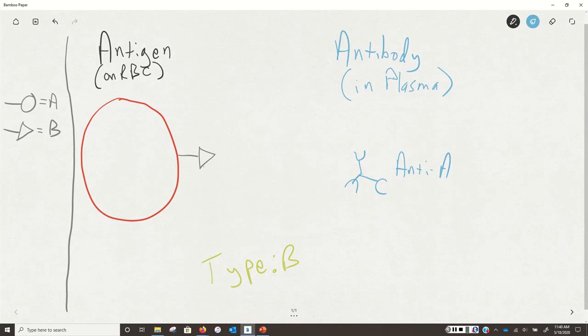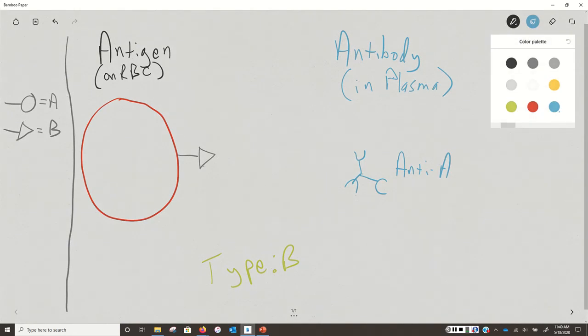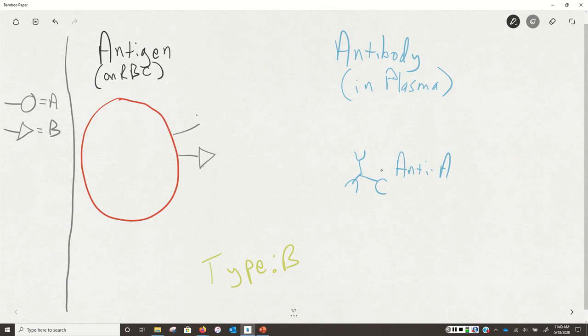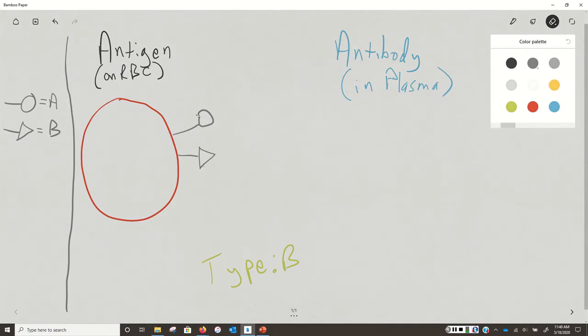But what if they actually had both A and B antigens? What antibody would they have? Well, they shouldn't have anti-A, because A antigens would normally occur in their body. But they also wouldn't have anti-B, because anti-B would cause problems.